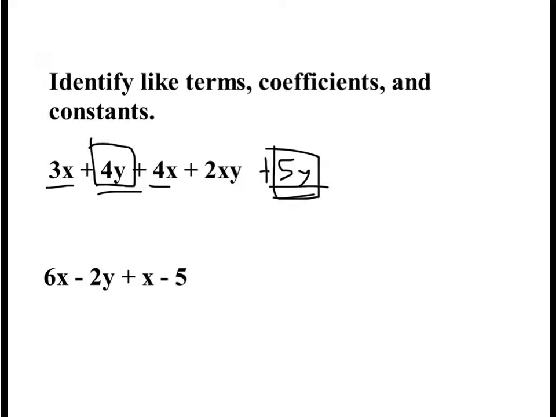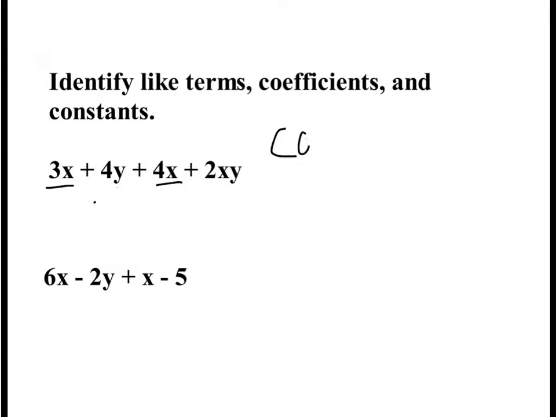It doesn't matter, as long as you identify that those are like terms with each other. Don't use the same symbol for each one. Don't give me an underline here and an underline there. That doesn't make any sense, because y is not a like term with 3x. Give me a different one. Everybody understand?